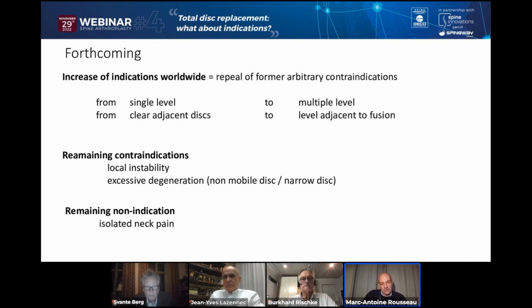That's a hypothesis. And finally, the remaining huge non-indication is the isolated neck pain, which is always striking to me because the indication for lumbar prosthesis is back pain. So it's absolutely the contrary in the lumbar and the cervical. So maybe in the future, this consideration may change.